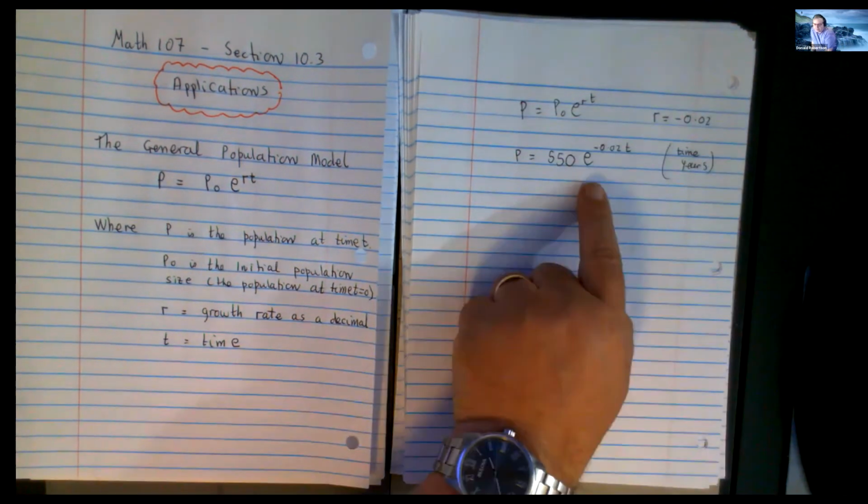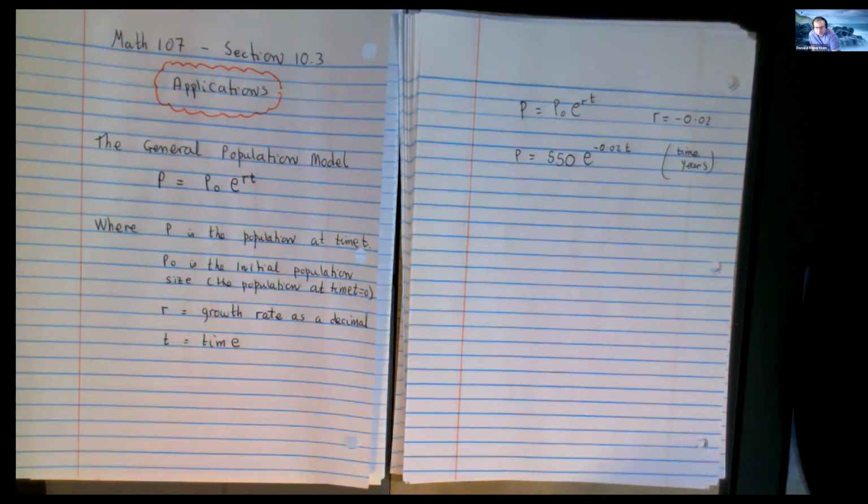These are very often called, rather than population growth models, population decay models. It just means things are decaying, going down. And that's actually quite realistic. Aren't there some places in America that are just dying out? Some towns are not able to keep their population, and each year there's a few less, right?